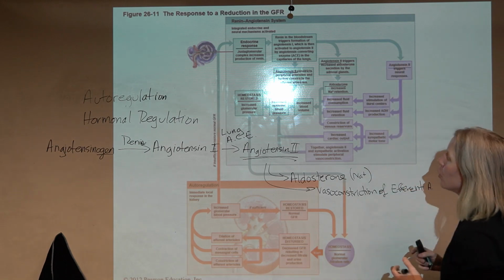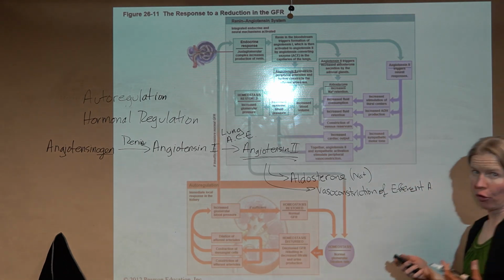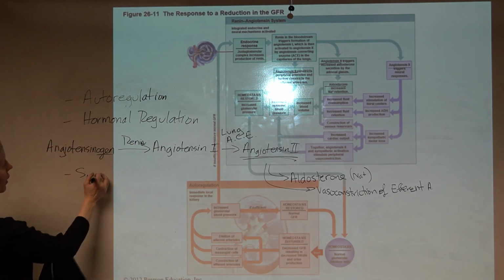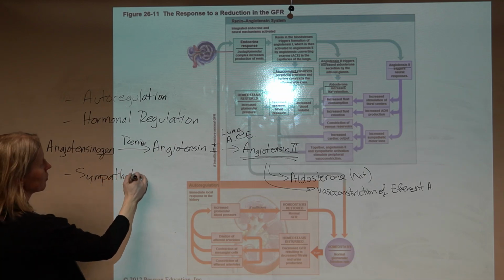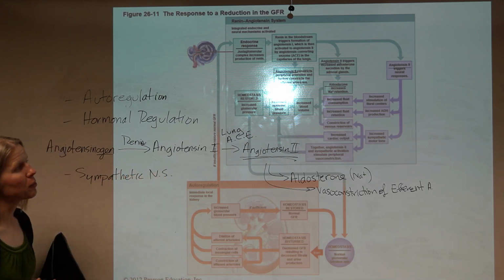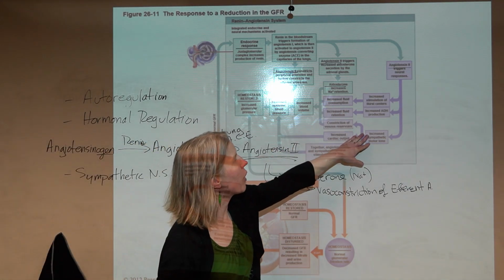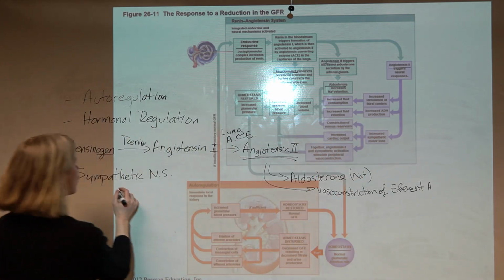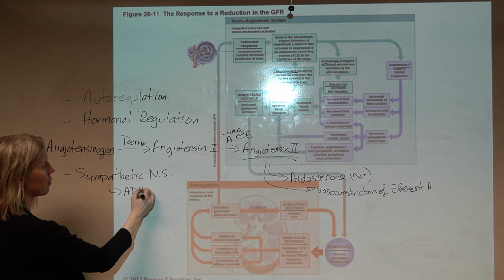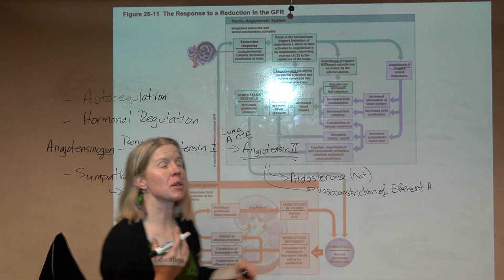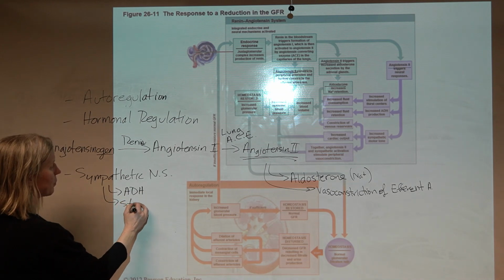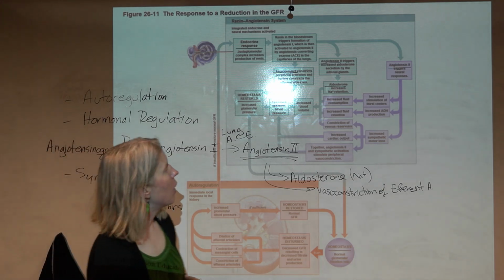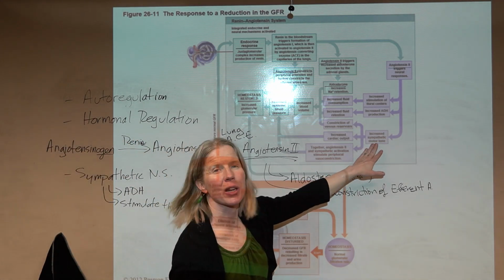And angiotensin 2 also triggers those neural responses, right? So we also get the sympathetic nervous system involved here, right? And so in purple, they're showing you things like the nervous system response is to produce more ADH, right? So we reabsorb water, we stimulate thirst, increased sympathetic motor tone, right?